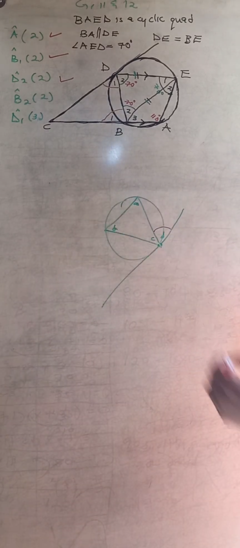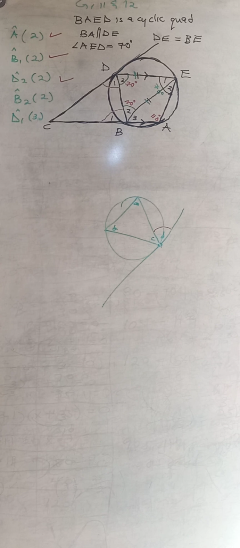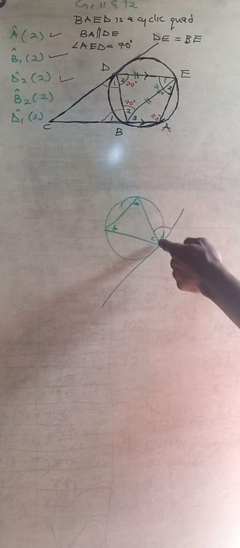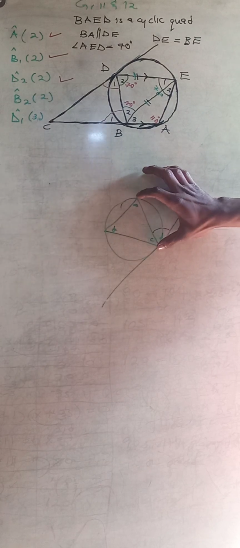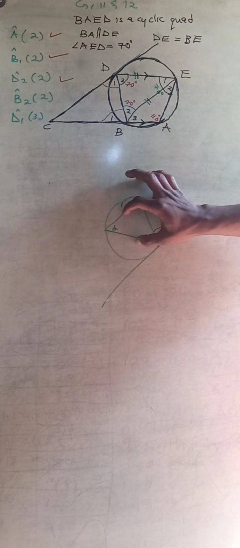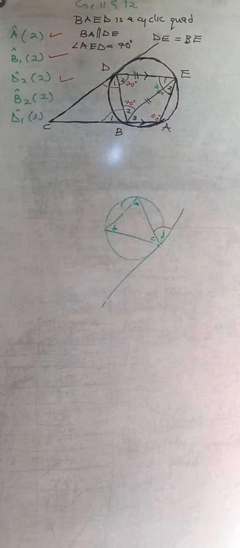You remember a chord is a line that divides the circle into two. So here is our chord, and then here is our tangent.